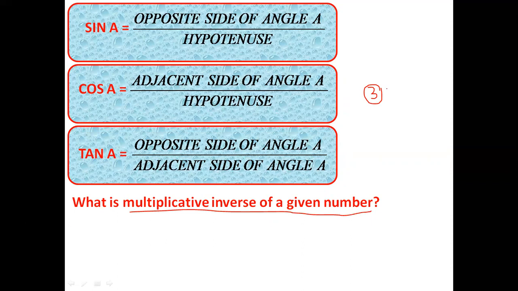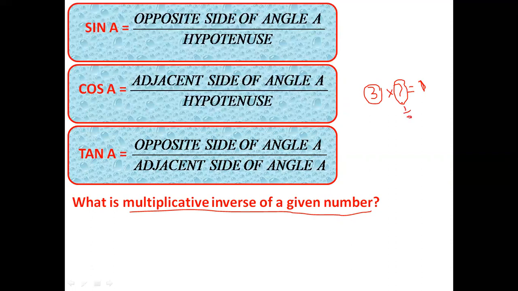Now we multiply which number with 3 to get 1? Here in place of the question mark, which number do we have to keep? That is 1 by 3.